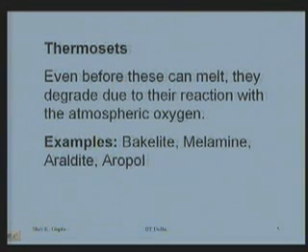Even before they can melt, they degrade due to their reaction with atmospheric oxygen. Bakelite is one such material, used for making switches. When you switch on and off, there is usually sparking.